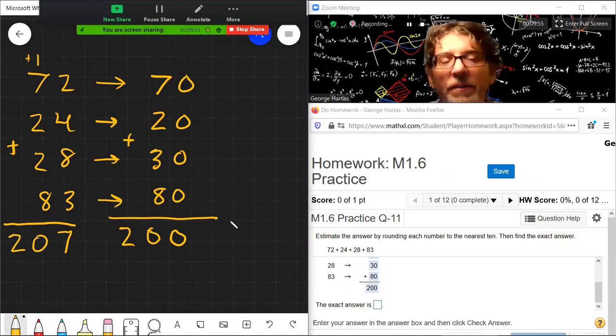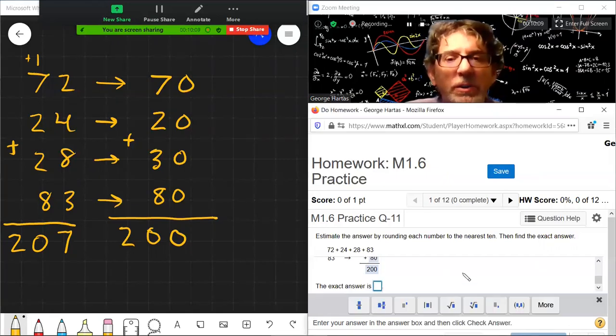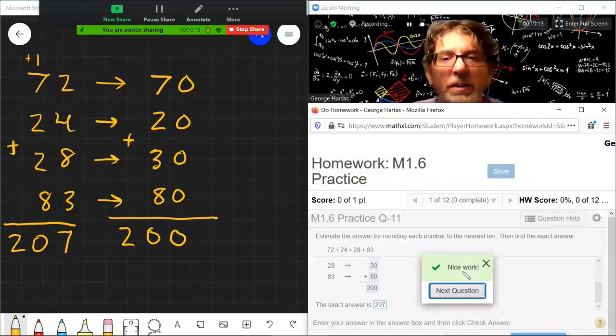So the exact value is 207. So we were off 7 points, or whatever the unit of measurement is. So 207 is the exact value.